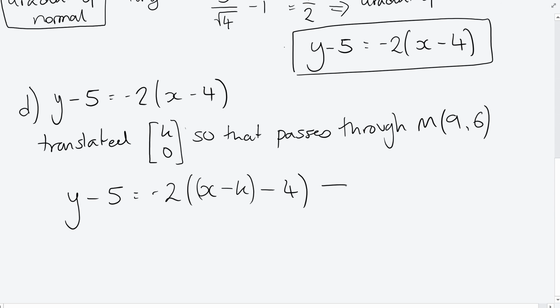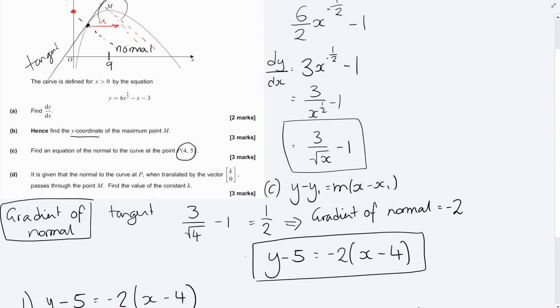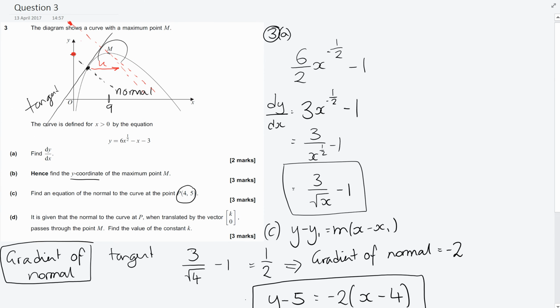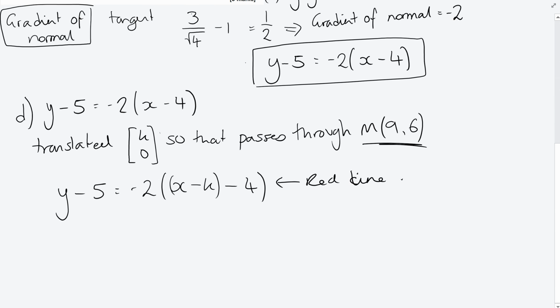Looking at the picture, this is the red line. The red line passes through M, so if we put these together, this will solve the problem.